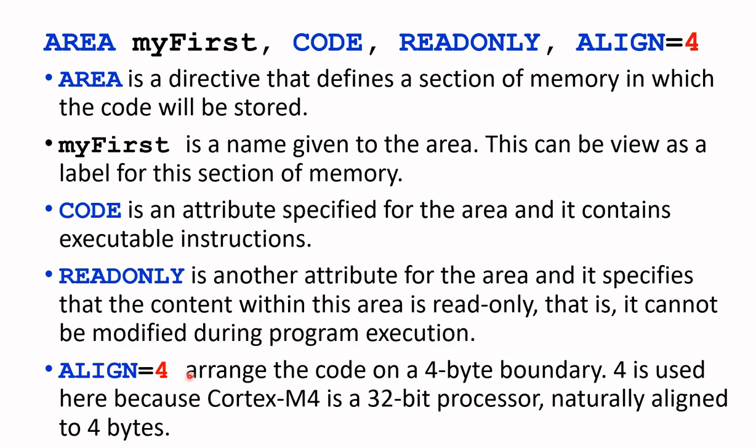And ALIGN=4 basically arranges the code on a 4-byte boundary. Now 4 is used because the Cortex M4 is a 32-bit processor and naturally aligned to 4 bytes. Now this can be 2, 8 or 16.